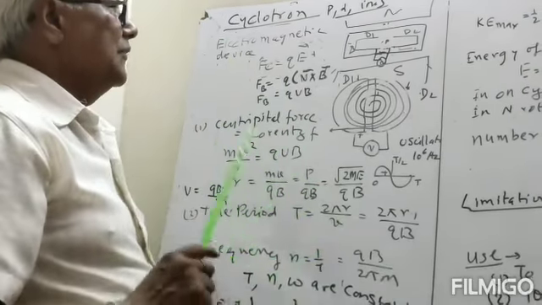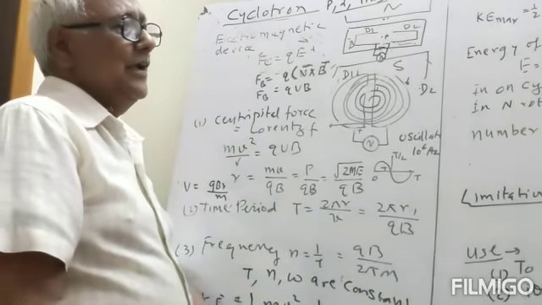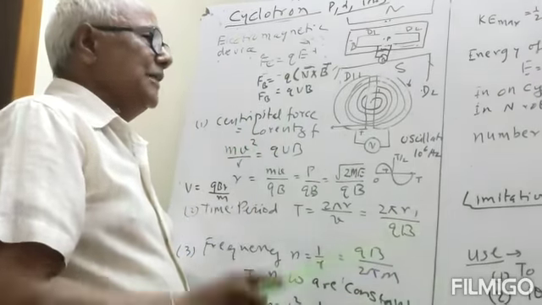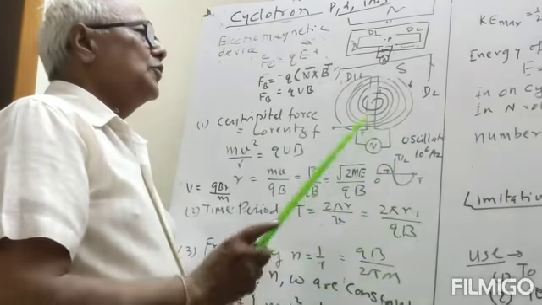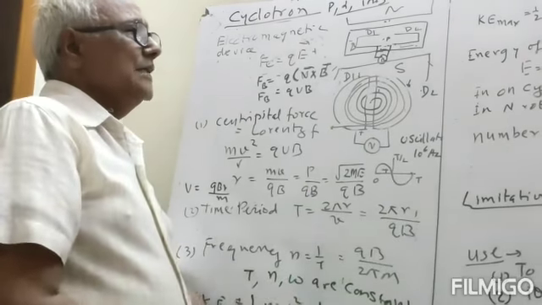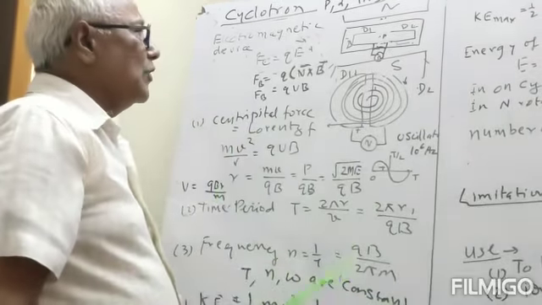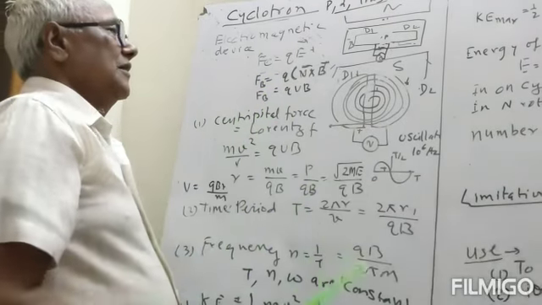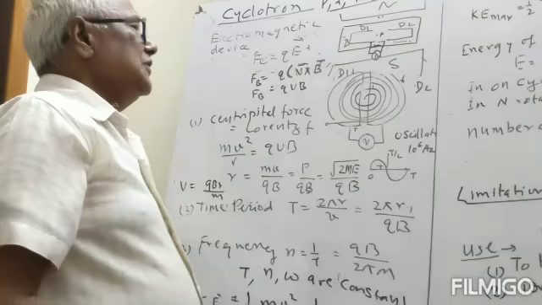So here we are having two types of fields. One is the electrical field, which is used to accelerate the charged particle, or to increase its velocity and energy. The second is the magnetic field, which is perpendicular to the velocity direction of the charged particle.